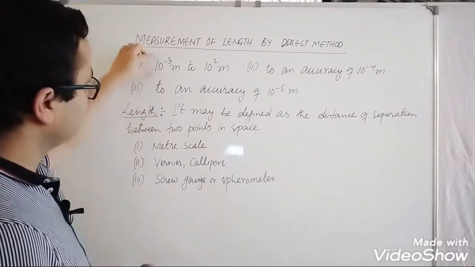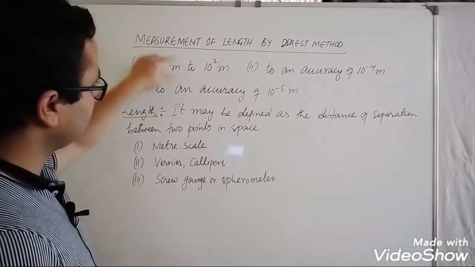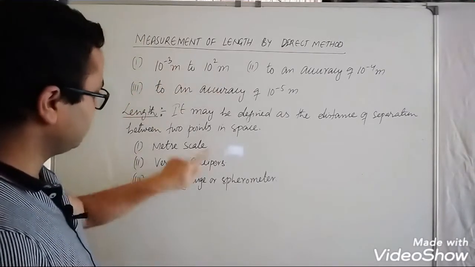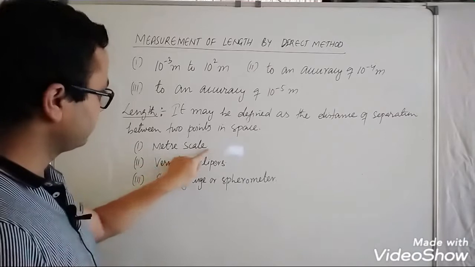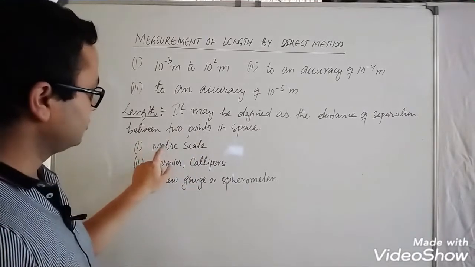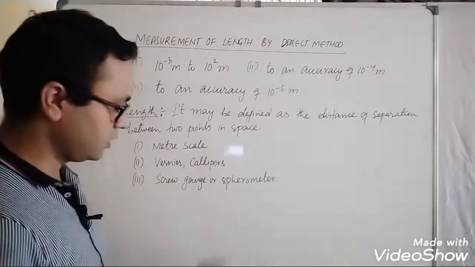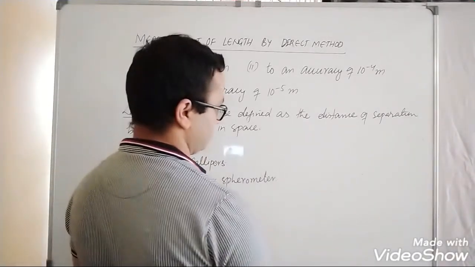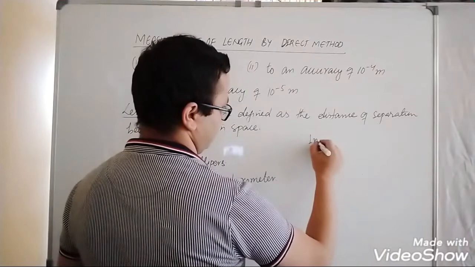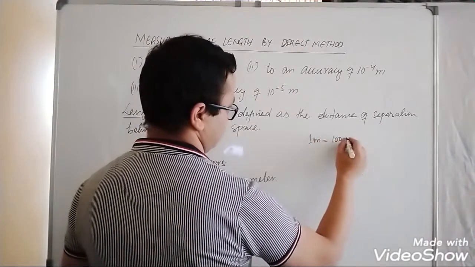So 10 to the power -3 meter to 10 to the power 2 meters can be measured by a meter scale. 1 meter equals 100 centimeter.